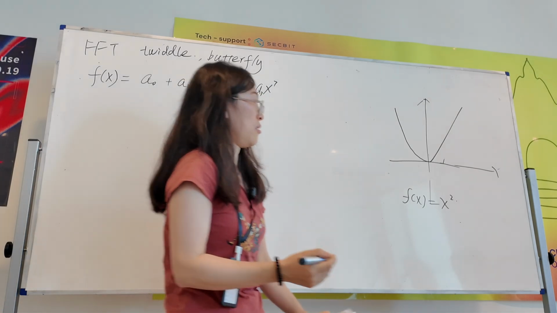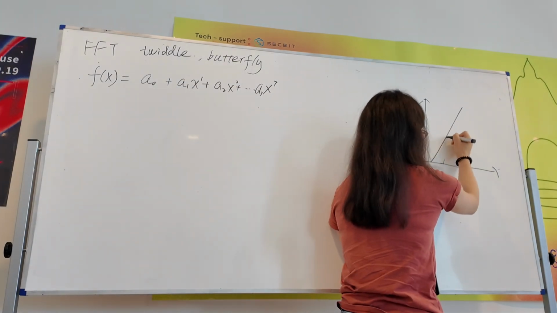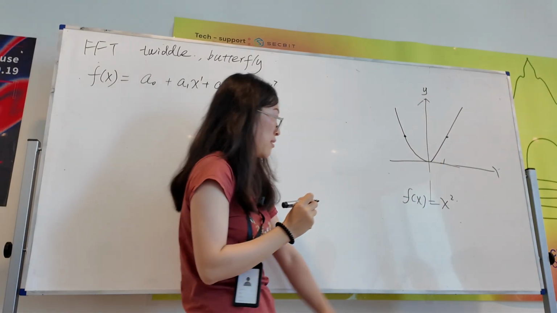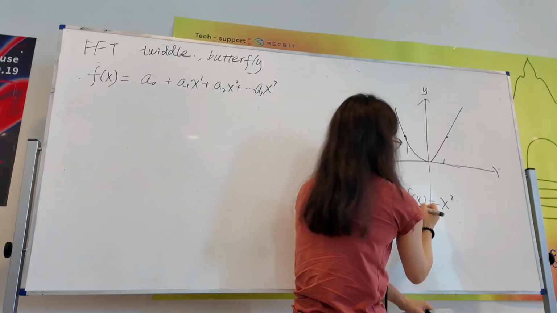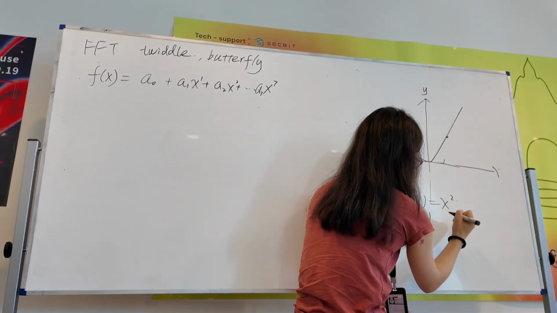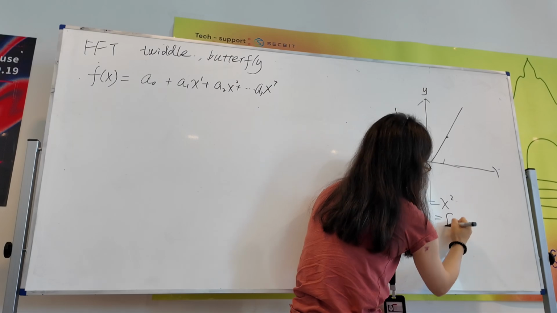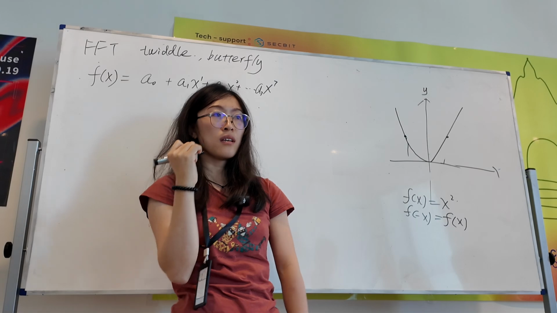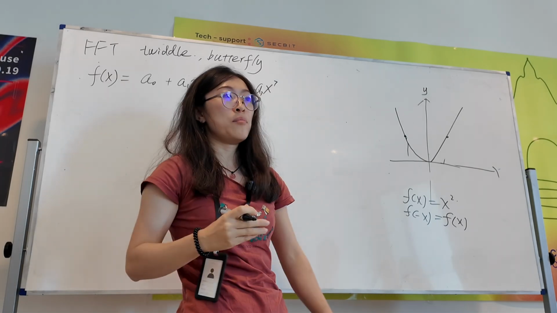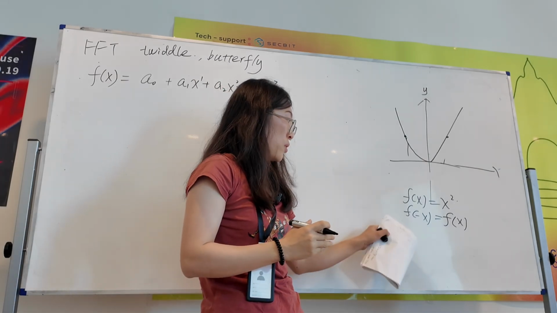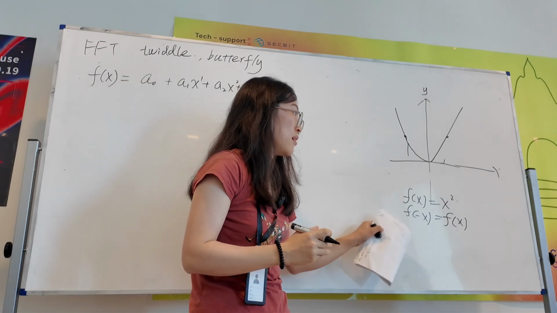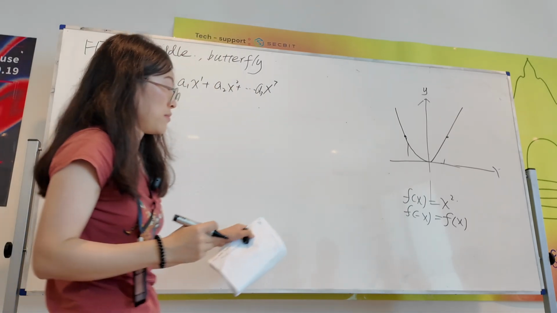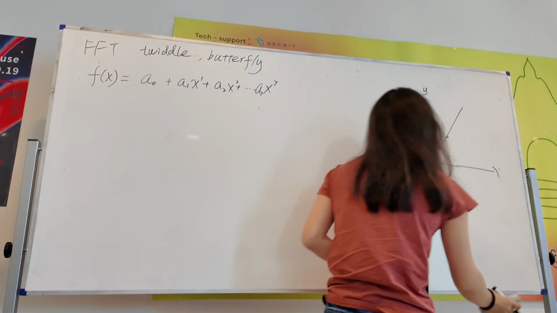So obviously we choose points that are symmetric about the y-axis, right? Because if we choose x, then f(-x) we also know from the evaluation of f(x). This is the property of an even function, right? So now the next question comes.